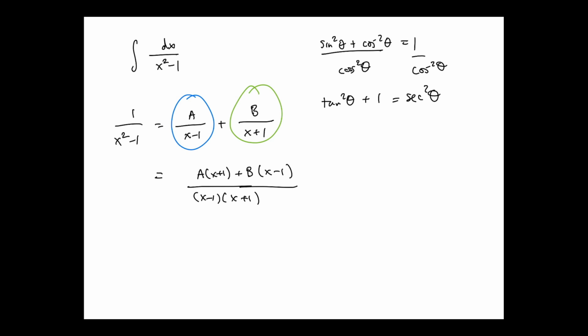Okay, so what would you have to multiply A over x minus 1 by to get the common denominator? You'd have to multiply the top and the bottom by x plus 1. And then x minus 1 for the green term. Yeah? Okay. And so that's what it would be when you put it all together. Okay, are we good? Yeah?